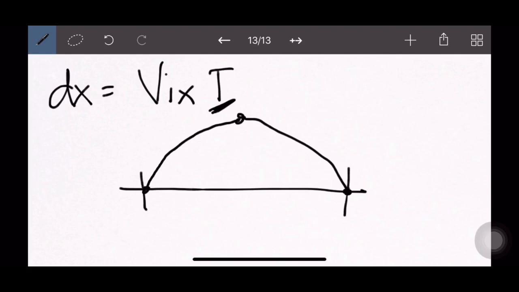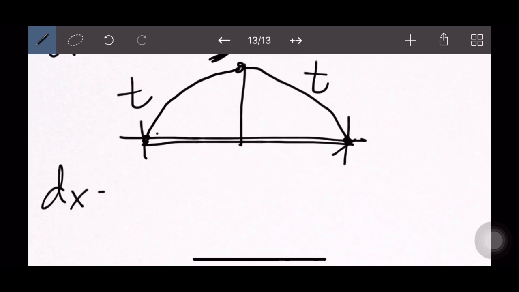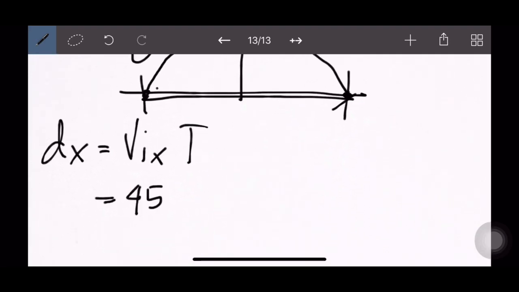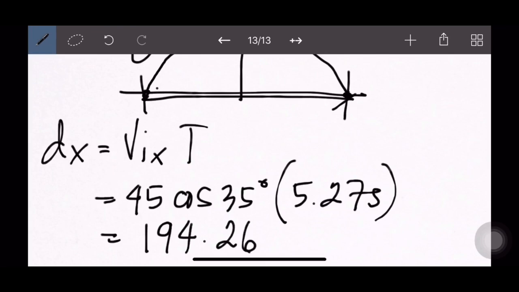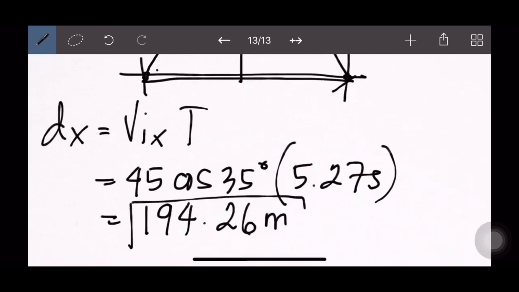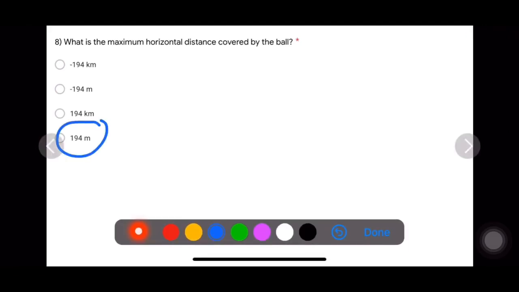So that's why we're going to solve for the capital T. Since you have the time here, you also have another time here. So from this point up to this point, that's the capital T. Again, dx is equal to vix t. So vix from the initial conditions, you have 45 cosine 35 degrees, multiplied by the total time of flight, that's 5.27 seconds. So you have the value, that is 194.26 meters. The dx value. Okay, you have 194 meters.